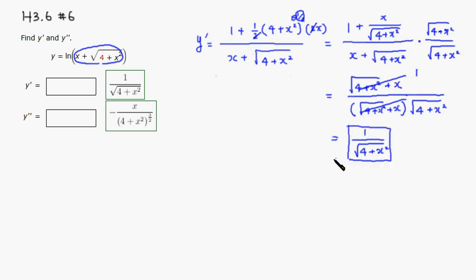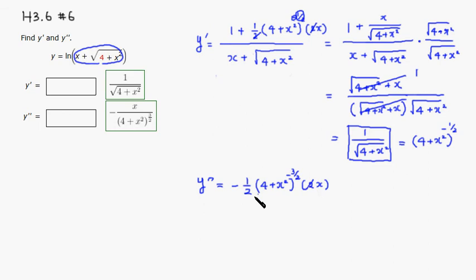Right, to find the second derivative, I'm going to rewrite it as the quantity 4 plus x squared raised to the negative 1/2 power, right? So y double prime is going to be, put negative 1/2 in front, keep the same quantity 4 plus x squared, subtract 1 from the power, negative 3/2 power, multiply by the derivative inside, so it's 2x, right?